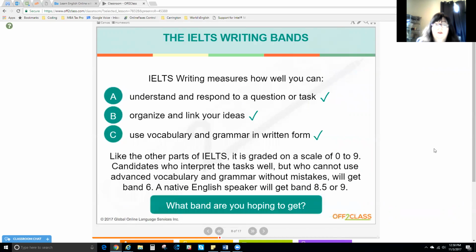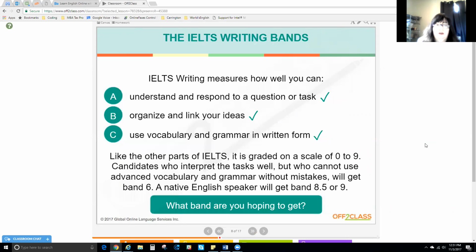Okay, now let's talk about the IELTS writing bands and what the IELTS is measuring. It's measuring how well you understand and respond to a question or task. Okay, that's what your examiner is looking for. They're looking for how well you organize and link your ideas and how well you use vocabulary and grammar in written form.